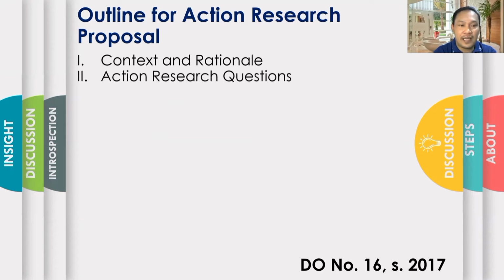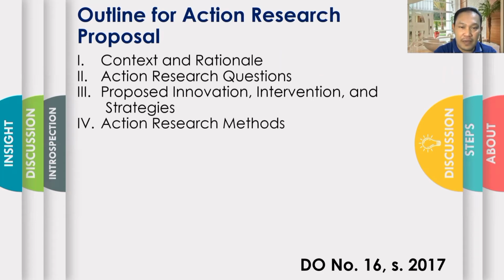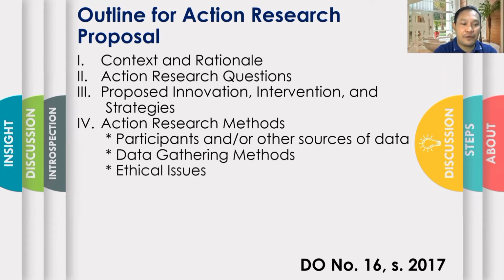Second is the action research questions. Third is the proposed innovation, intervention, and strategies. The fourth one is the action research methods, which includes: number 1, participants and other sources of data; number 2, the data gathering methods; number 3, the ethical issues; and number 4, the data analysis plan. Now, this comprises the research methods.